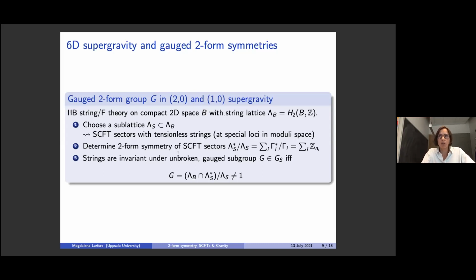Then we can determine the two-form symmetries of these SCFT sectors, and what we should look for is whether there is some subgroup of the putative two-form group under which these strings are invariant. If that's the case, then the strings cannot screen that part of the group, and that will remain as an unbroken gauged subgroup.